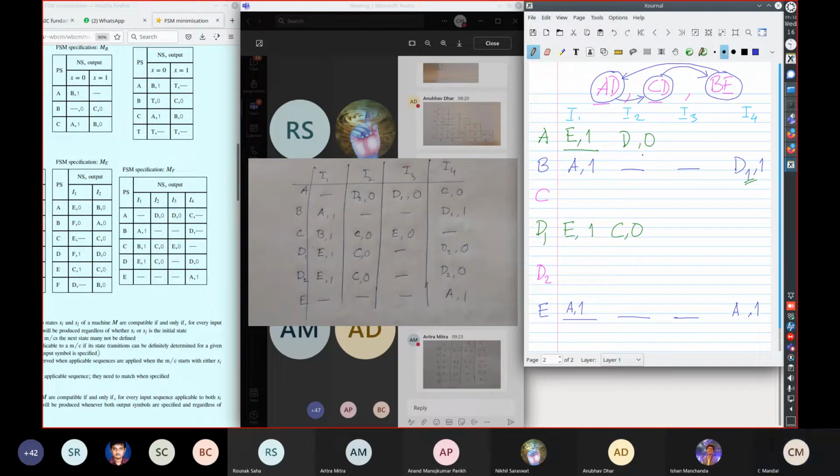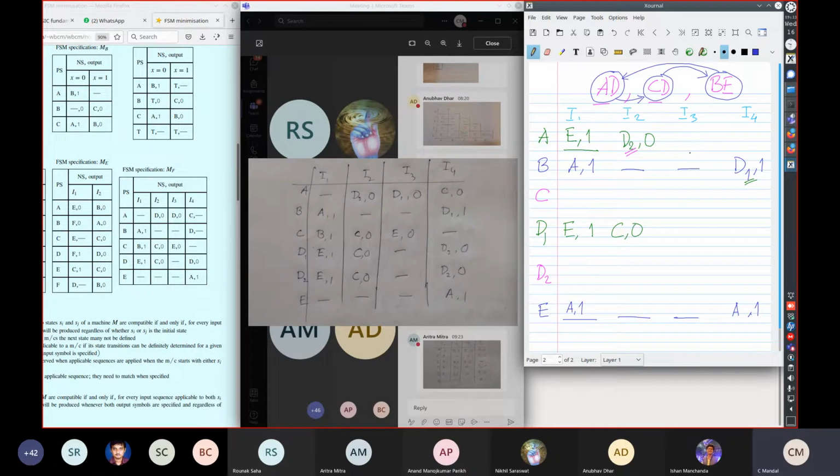So I need C and D. I want to have C. So this should be D2, because D2 I would like to merge with C, right? That's why I would like to keep that as D2, all right? So I'm choosing this as D2.